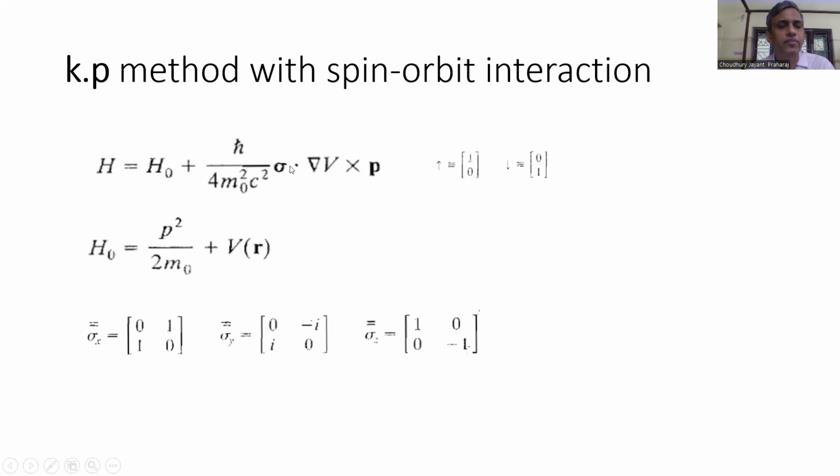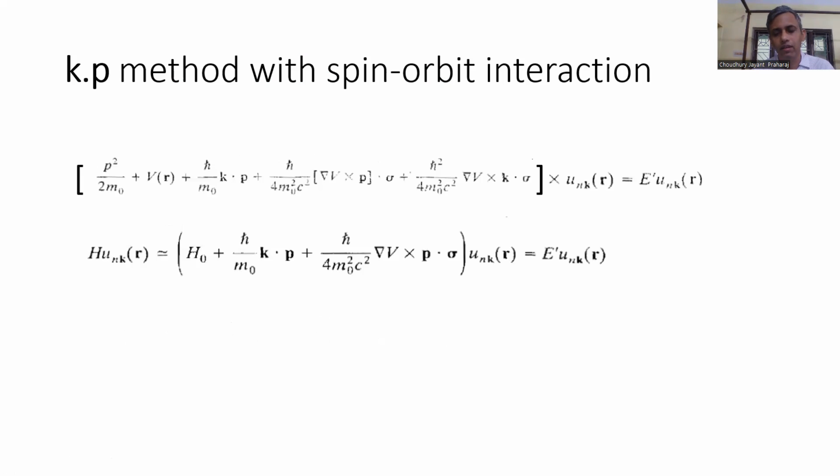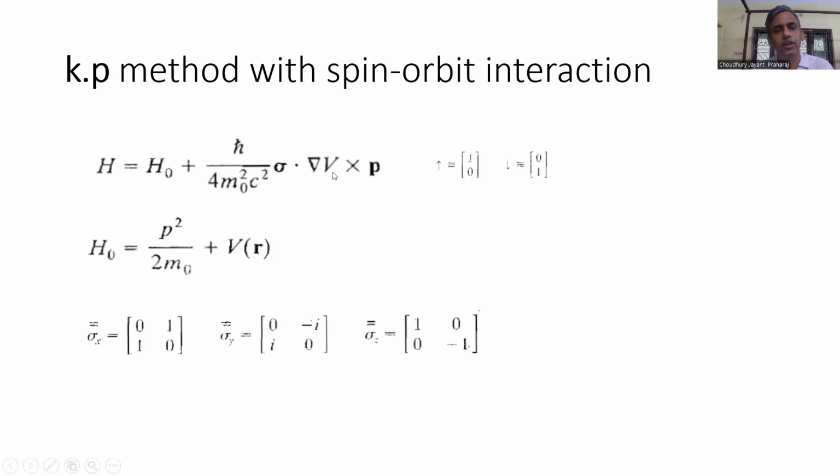And then the spin of the electron has associated with it an intrinsic magnetic moment, and that can couple with this magnetic field that the electron sees in its rest frame. And that basically gives rise to the dot product of the magnetic moment of the electron with the relativistic magnetic field in the rest frame of the electron.